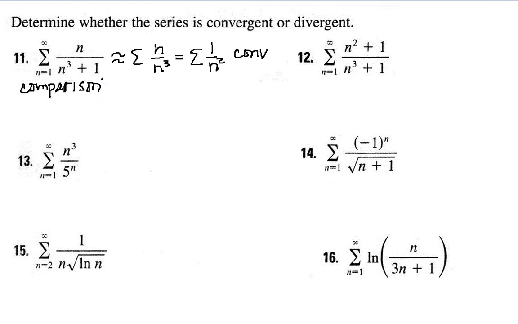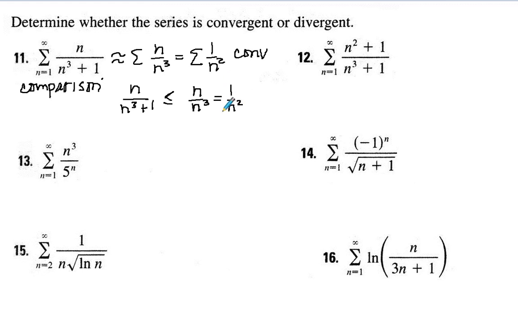But it's actually easier here to do a regular comparison. Actually, n over n cubed plus 1. We want to overestimate. It's going to be less than or equal to... We're going to decrease the denominator. That'll make it bigger. So n over n cubed, which equals 1 over n squared.